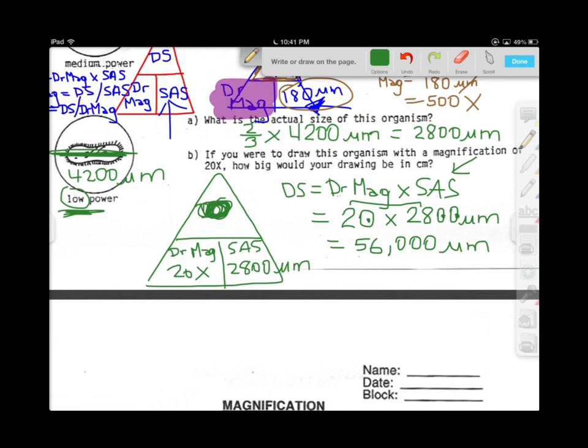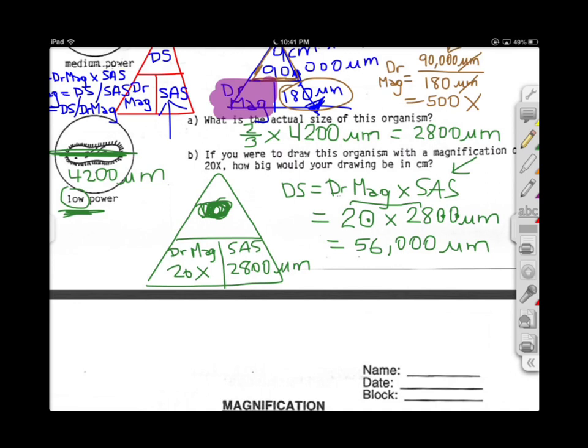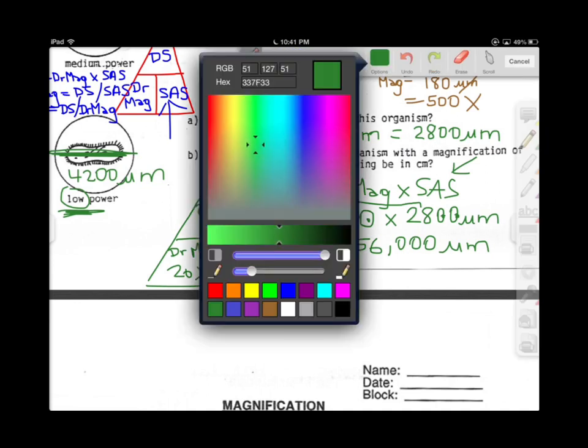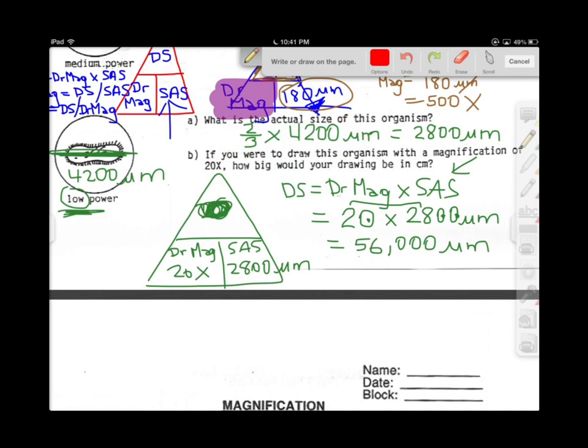So I'll hit done, and I'll come back to my colors. Red should show up really well. Okay, so the decimals here. If you divide by 10,000, it's like 4 decimal jumps to the left. If you can't remember that, just remember that going from micrometers to centimeters is a division by 10,000.